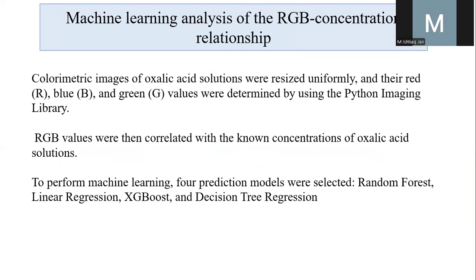We also assisted this assay through machine learning. Red, blue, and green values were determined using the Python imaging library, and then we used the RGB values for their correlation with the known concentration of oxalic acid solution.